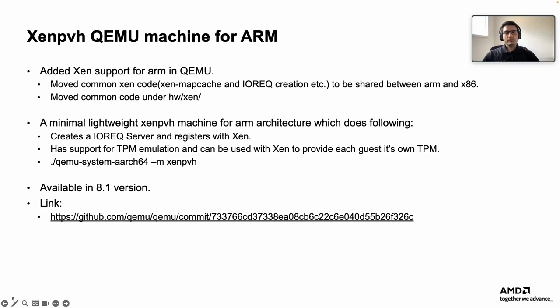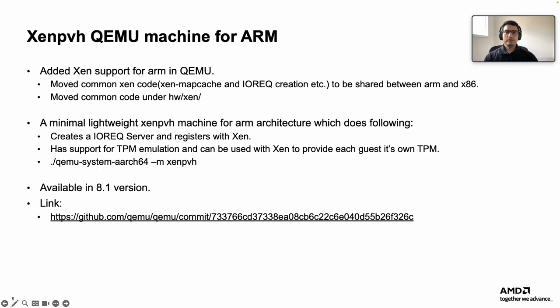Basically, to make it work for the ARM architecture, we had to move a lot of common code to the hardware Xen directory and make it accessible for both ARM and x86, and that arch-neutral code contains the IOREQ server parts also. So what this machine does is that it creates an IOREQ server and registers it.